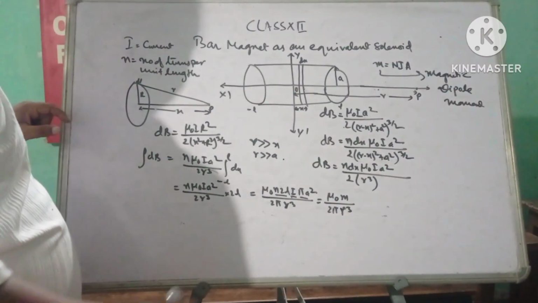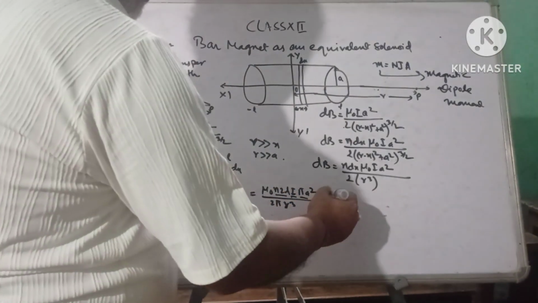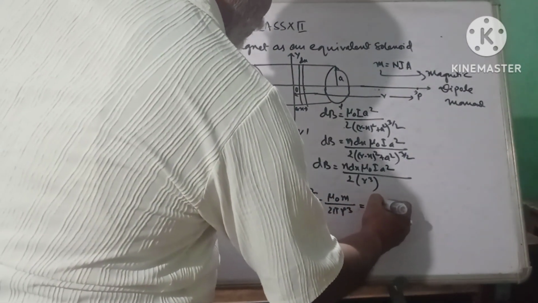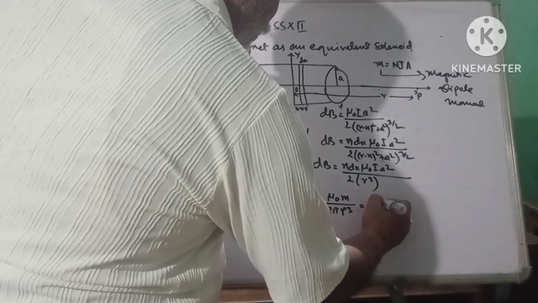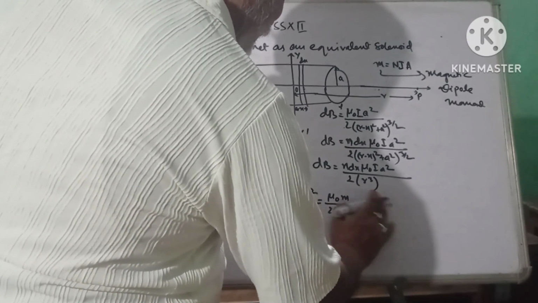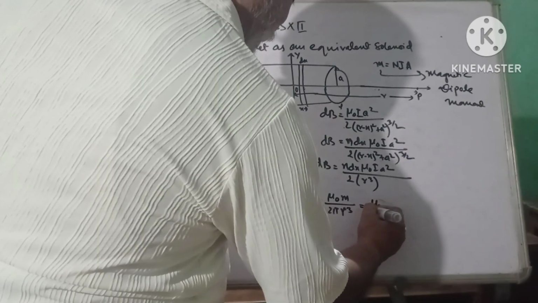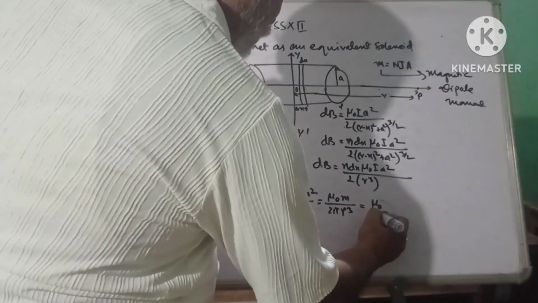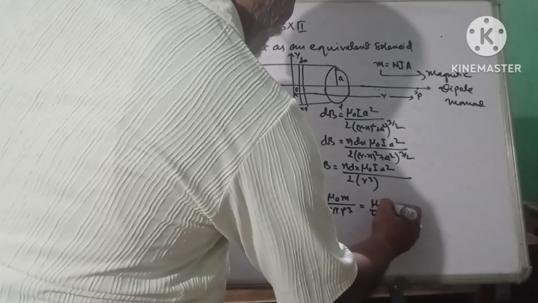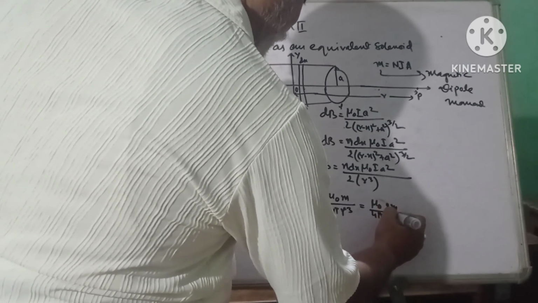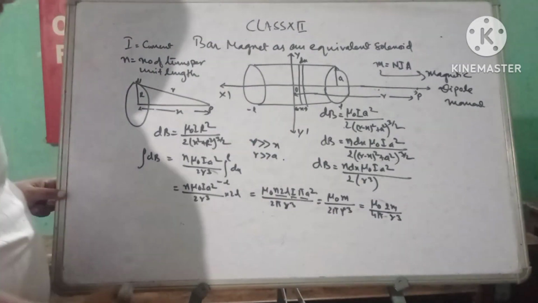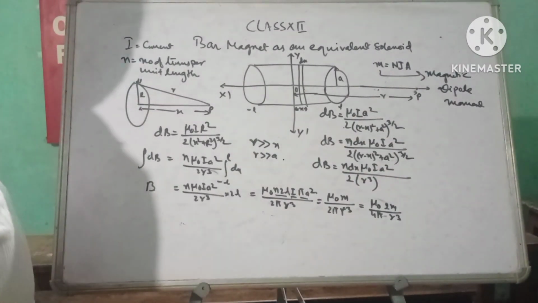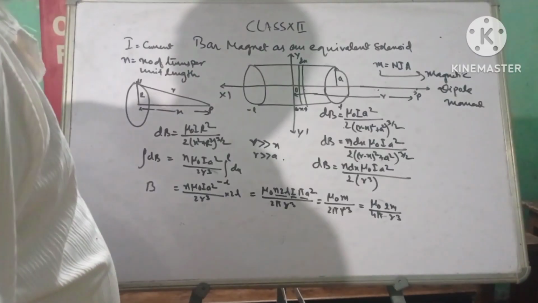Now a little arrangement, because the constant is nu naught by 4 pi, so multiplying numerator and denominator by 2, this will be nu naught by 4 pi into 2M by r cube. So this is the magnetic field at this point, and it is the same as the bar magnet.